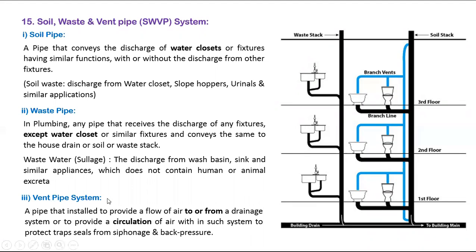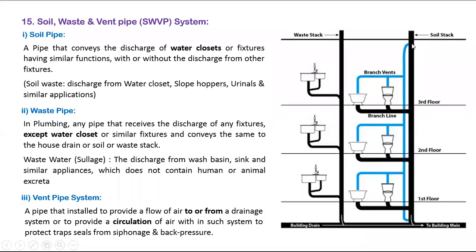Vent pipe system: a pipe that is installed to provide a flow of air to or from a discharge system, or to provide a circulation of air within such a system, to protect trap seals from siphonage and pressure. To or from means providing the vent system.